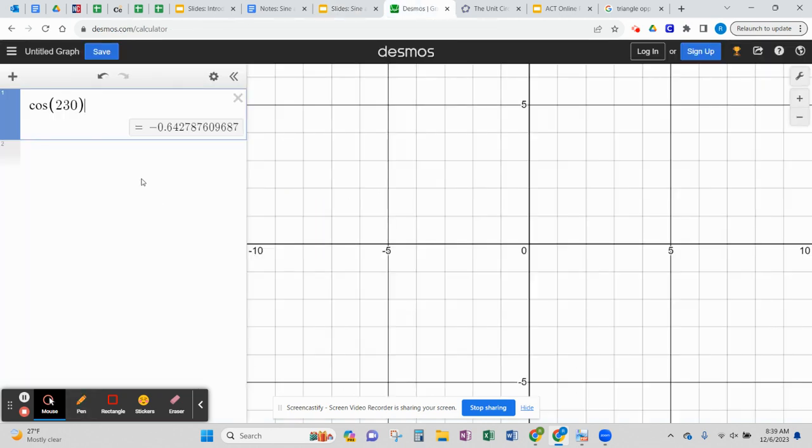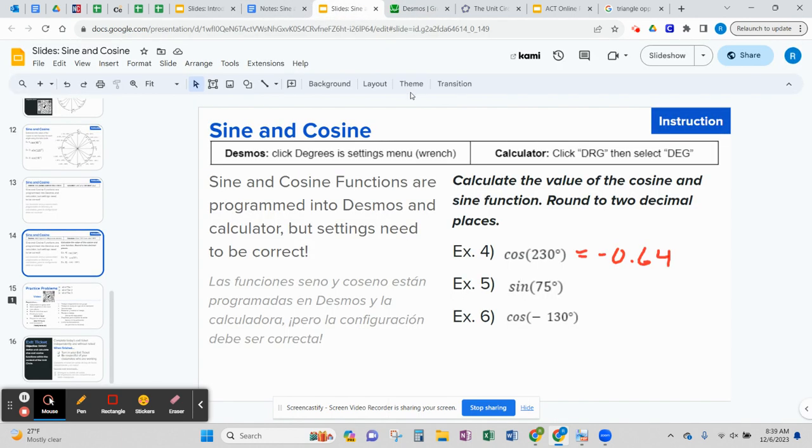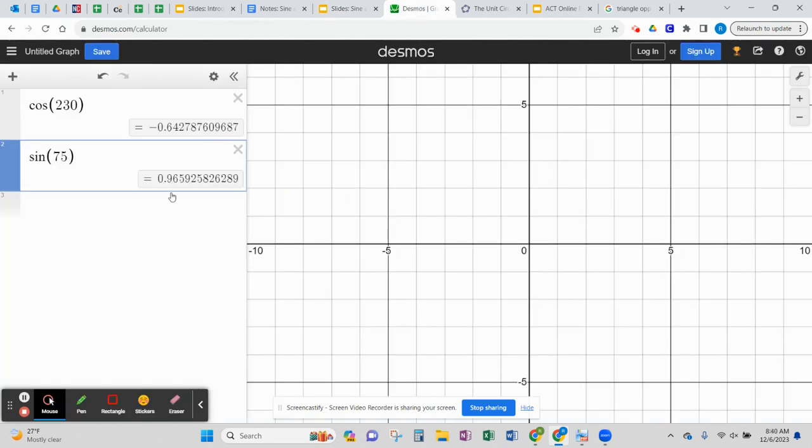Then we can do the same for sine of 75, and that would be 0.97. And lastly, we can do that with cosine of negative 130, and that would give us negative 0.64.